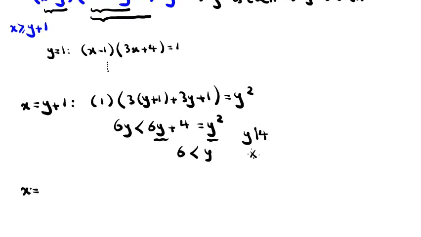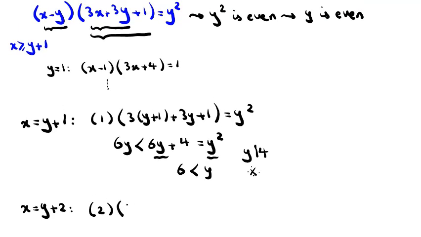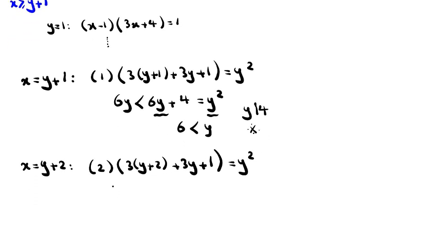Now, we are checking, for example, x equals y plus 1 to understand the idea of the problem. If x equals y plus 2, then what do we have? Their difference will be 2, and then 3y plus 2 plus 3y plus 1 equals y squared. Now here it is 2 times 6y plus 6 plus 1, 7, equal to y squared.